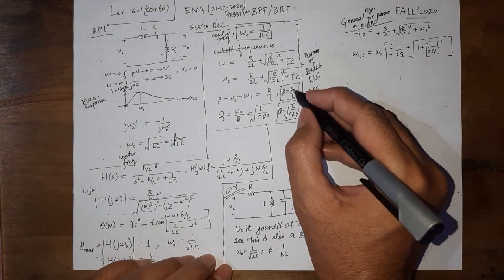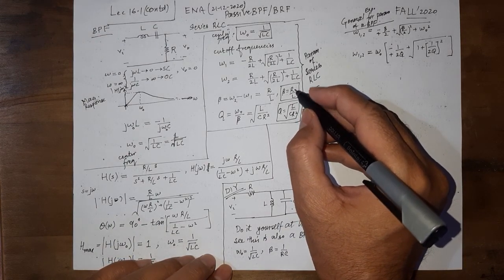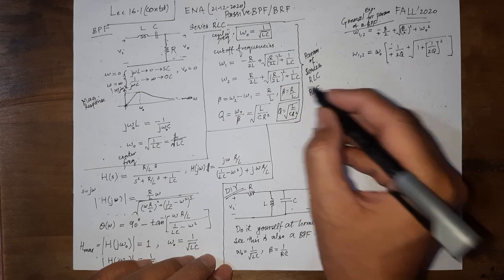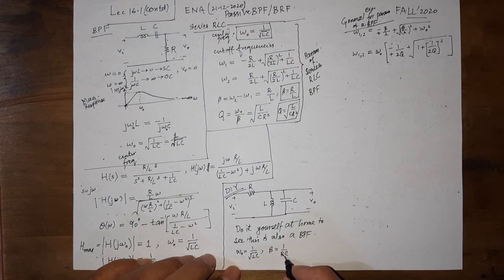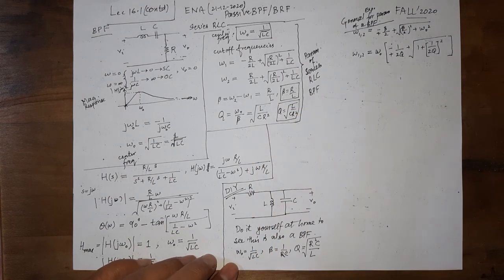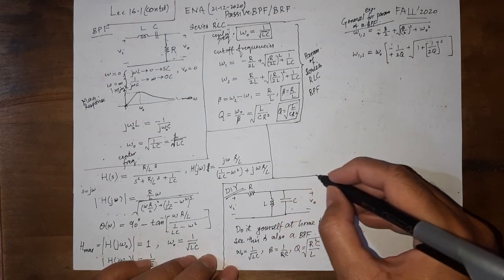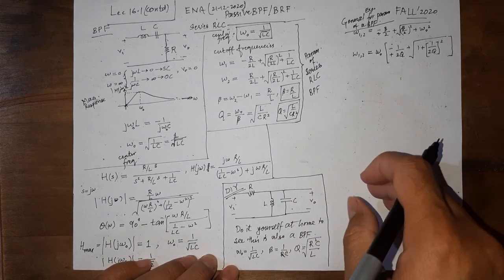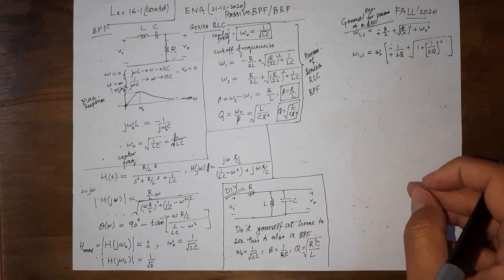So you remember that tau in the series RL circuits was L over R, so this is the reciprocal of that, and the tau for an RC circuit was RC, this is the reciprocal of that, and the Q was equal to R square root of C over L. I think this is the reciprocal of this one as well. So just try to do it yourself and verify that this is indeed the case.